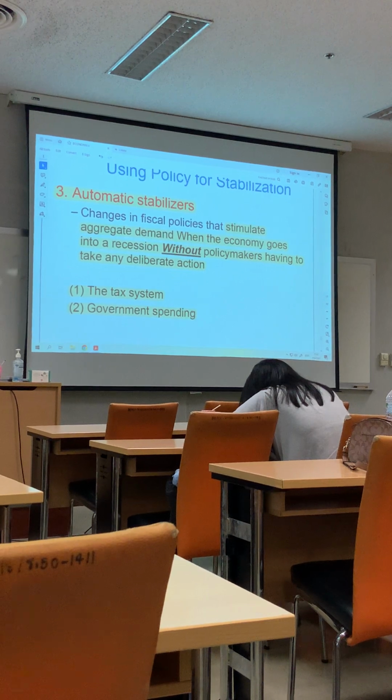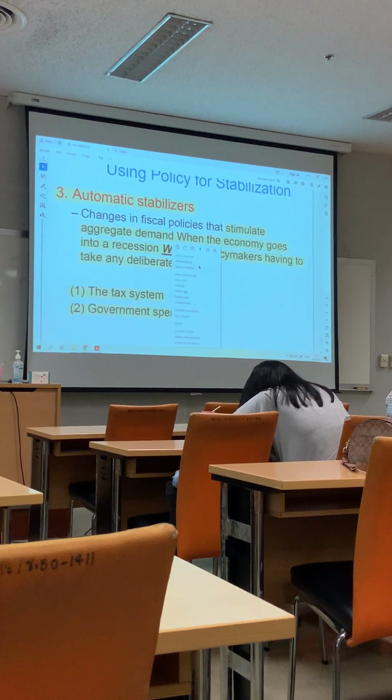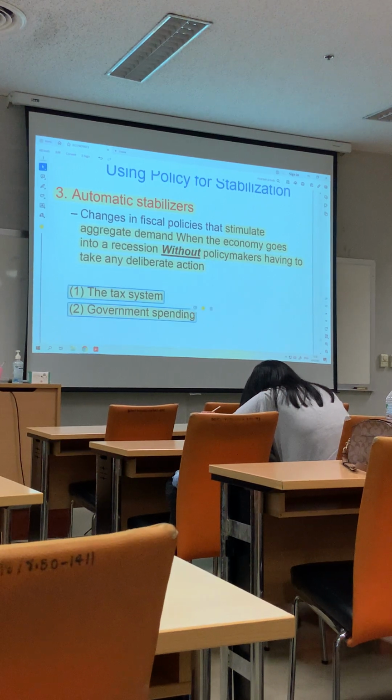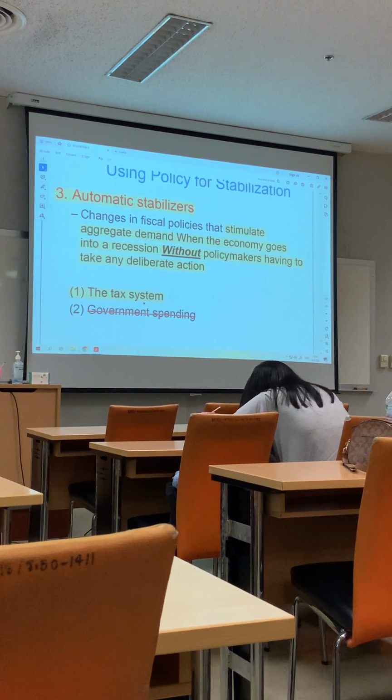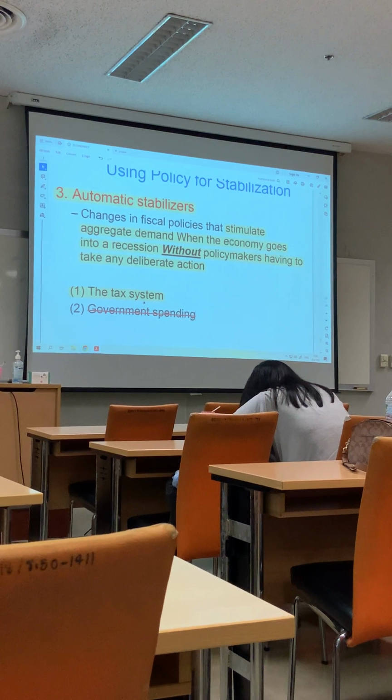The second example is, I think you can just write it. Okay, the first system is the tax system, set up by the government. And the second system is set up by the government as well. Can you change it to say government subsidy, not government spending.